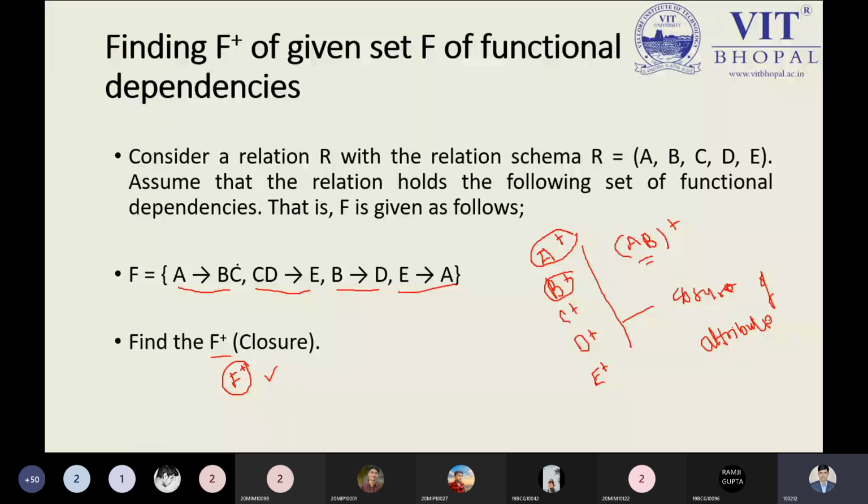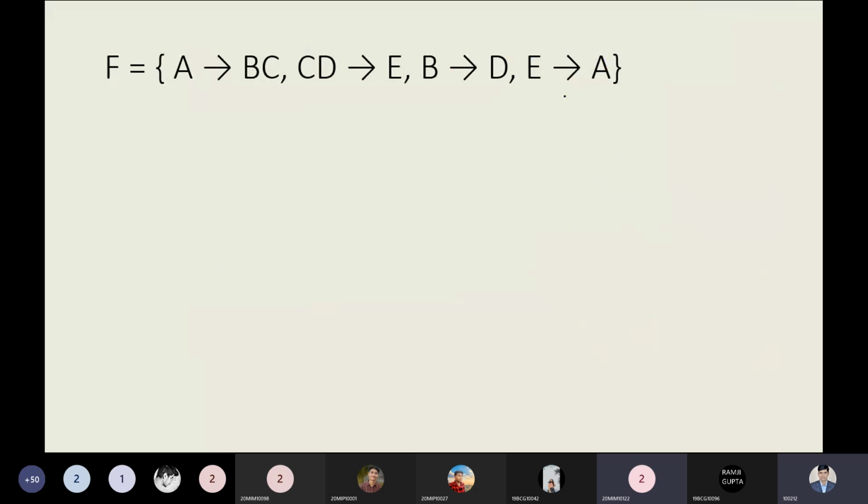Can you solve this problem? Are you able to solve this problem? Yes, sir.